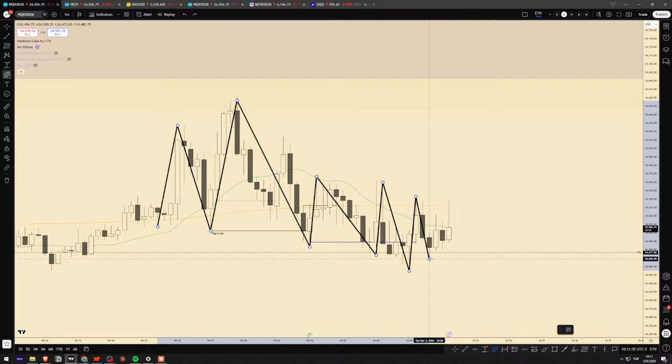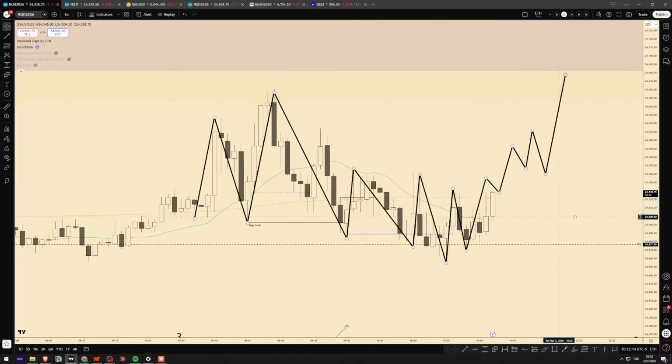After the failed swing, if price can close above this high, this is a signal of a reversal. Price might then keep going higher and take out this high over here.